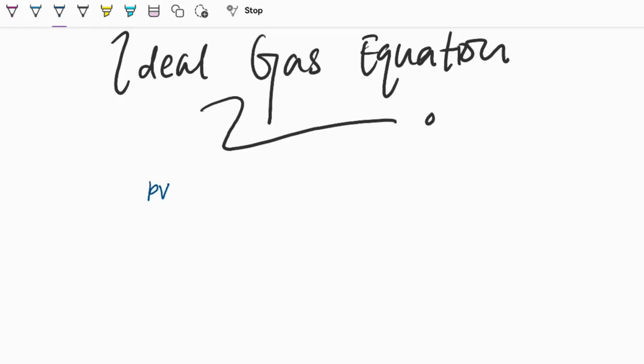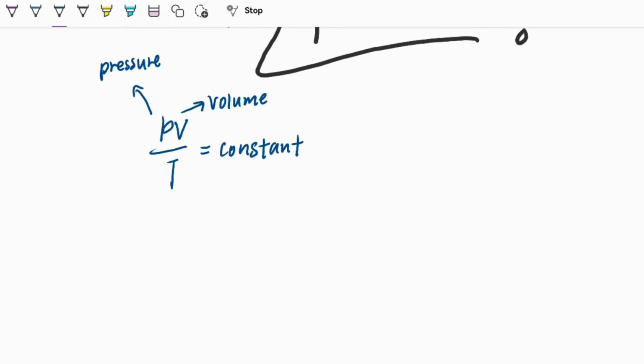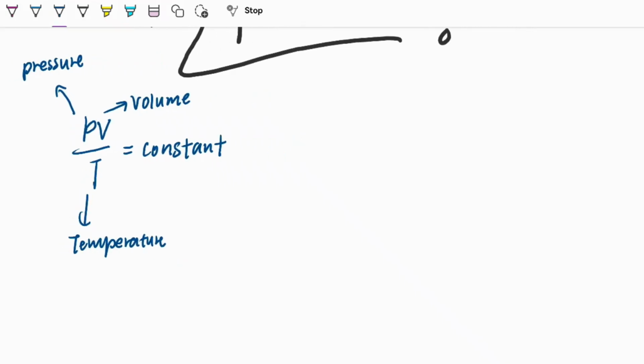Okay, we know PV over T equals a constant. Am I right? P is pressure, V is volume, T is temperature. This is what we all know. Now, what is the constant? This constant is denoted as R. What is R?